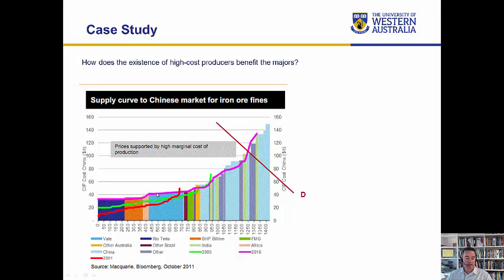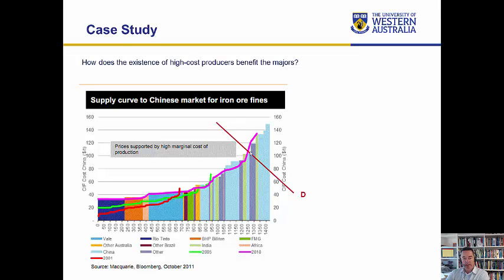It's the pink supply curve that lies on top of these columns, and then we've got a demand curve which is downward sloping. Now, in a competitive market, the price is going to settle itself at the intersection of the demand and supply curve. And looking at this, it's around about $108 a tonne.